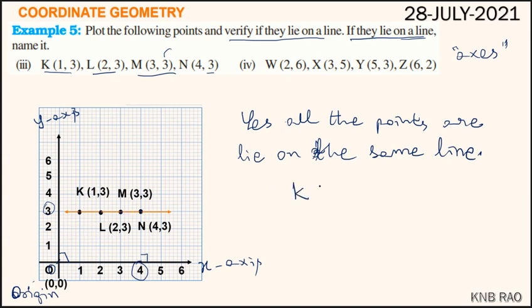The name can be KN, line KN. That is the name of it. So this is how we solve this one.